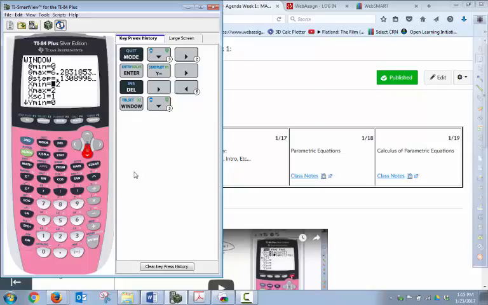The x-min, -2 to 2. It actually didn't go that far on the negative side. So let's put -1 to 1.